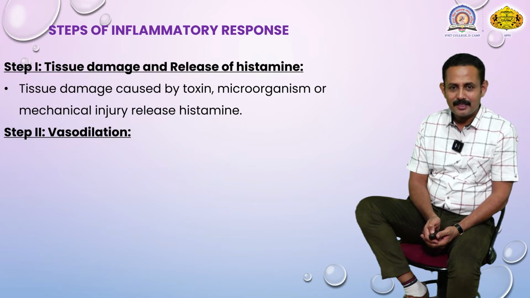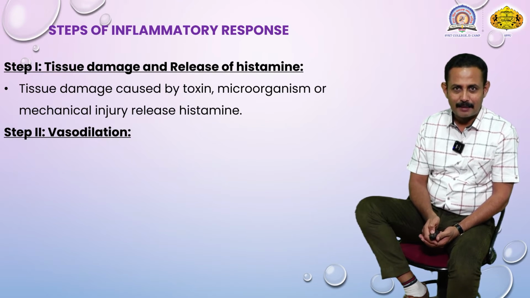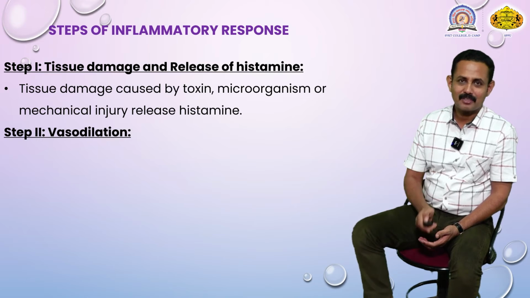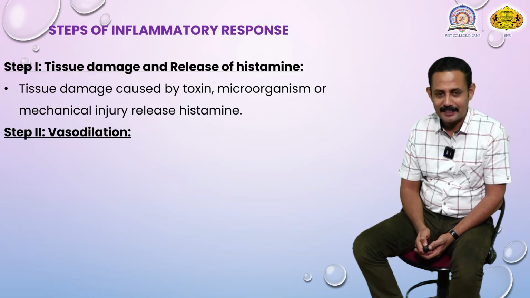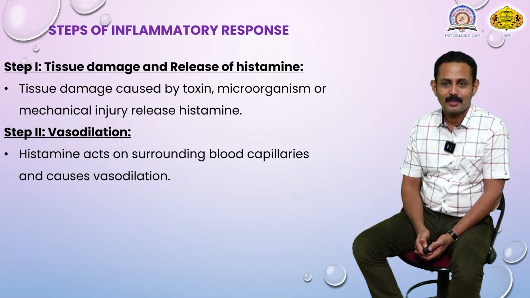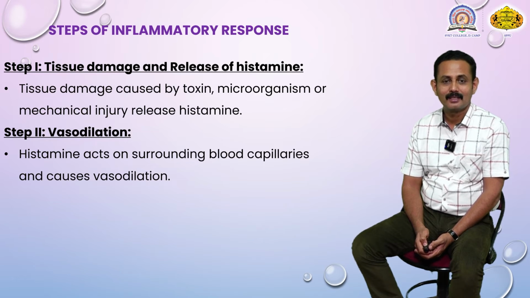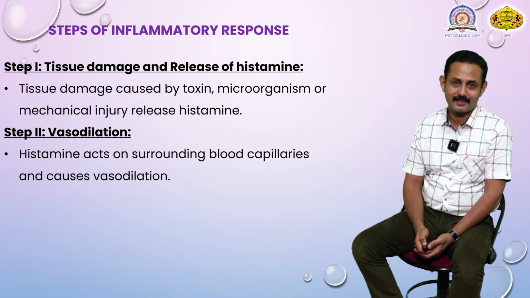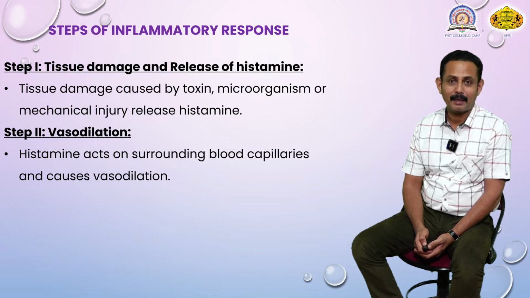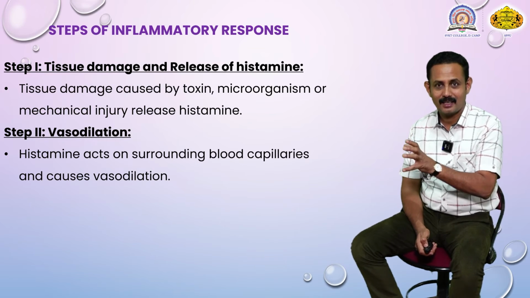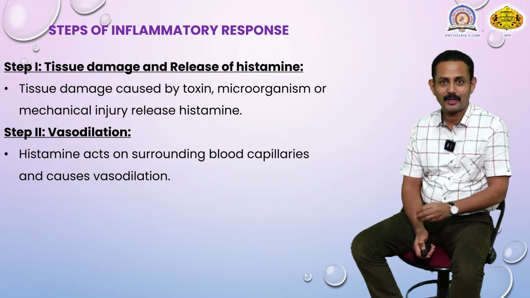When the damage takes place, what happens? The next step takes place: vasodilation. This histamine, which is secreted from the damaged tissue or from the microorganism, acts on the surrounding blood capillaries, the ones supplying blood towards that tissue.